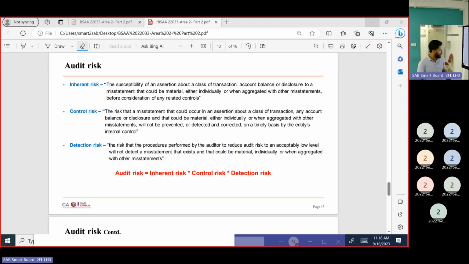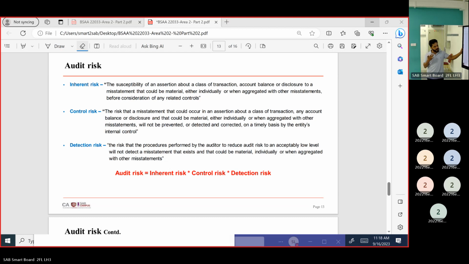Right. So we were discussing audit risk. I hope you are clear about this concept. That's the core concept we are discussing. That's why we are planning the audit, because we have to reduce the audit risk to an acceptable low level.